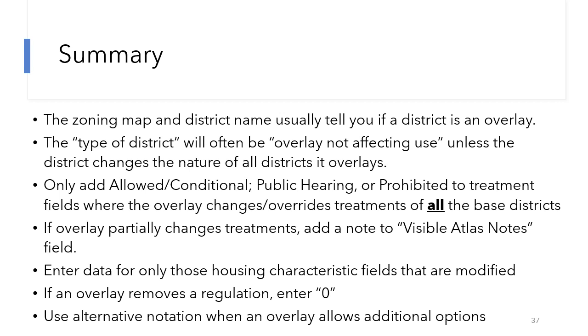If an overlay removes regulations, feel free for this one instance to enter zeros in the editor. And be sure to use alternative notations when an overlay allows additional options, even though there may be only one option in the overlay itself. This reflects that there are options in addition to what is annotated in the base or underlying districts.